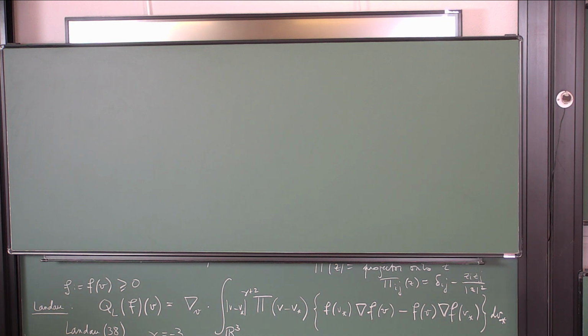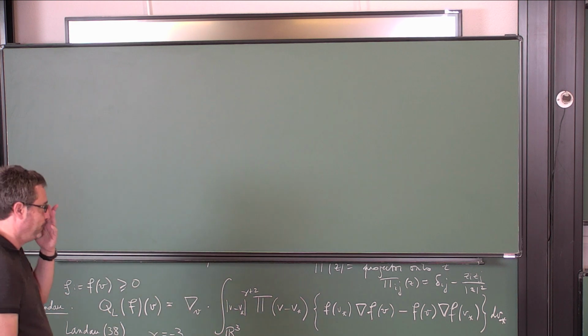to introduce a phi which is related to f, and the definition of phi in the case with the quantum correction is that it is logarithm of f minus logarithm of 1 minus epsilon f.